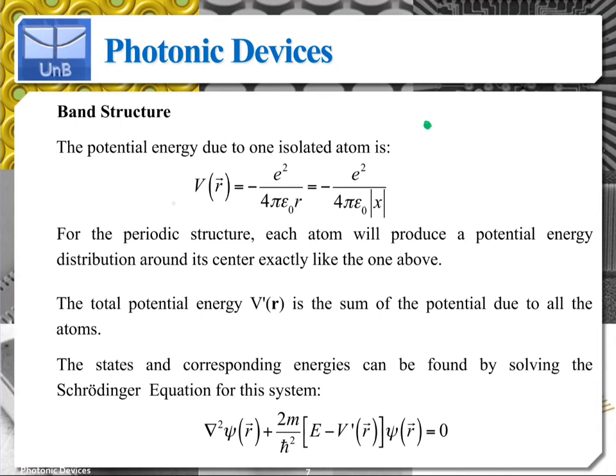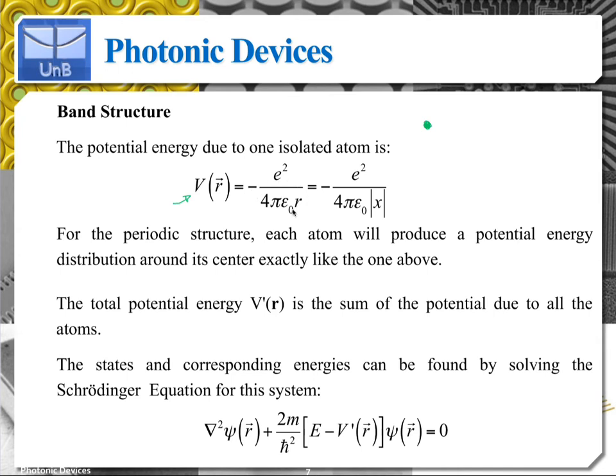Don't be confused by the V here. This is not electrostatic potential. This is potential energy as a function of the distance r, equal to minus e squared, where e is the elementary charge, over 4 pi epsilon naught times r. So it's proportional to 1 over r, and there's this minus sign over here.